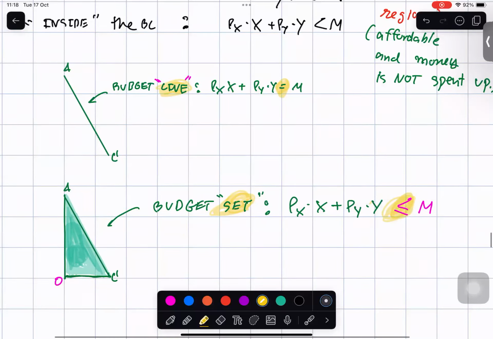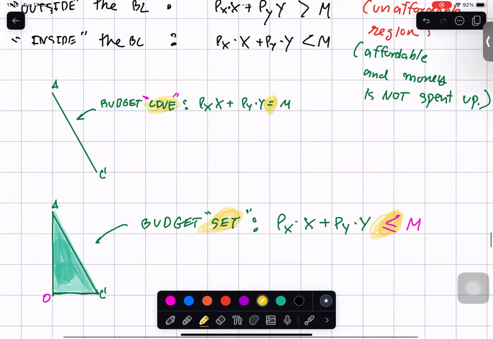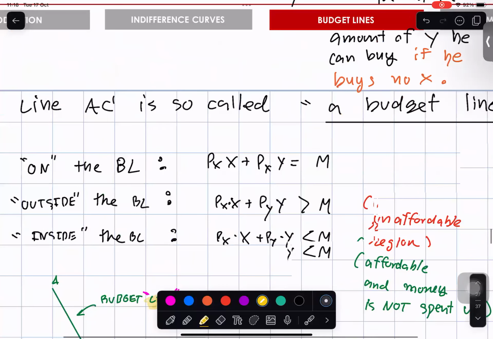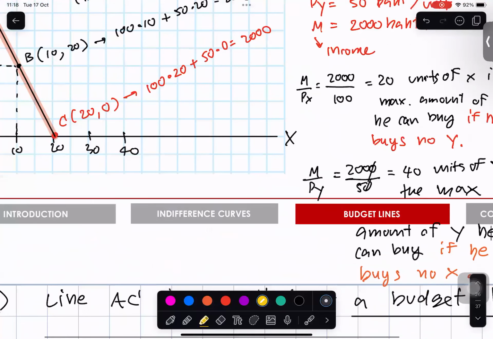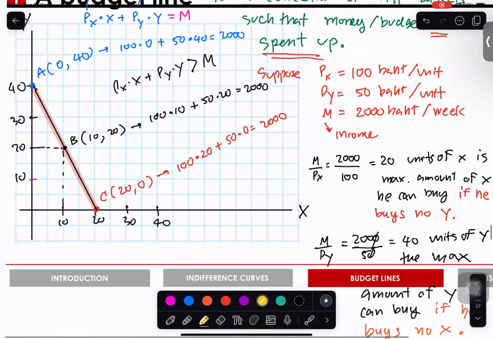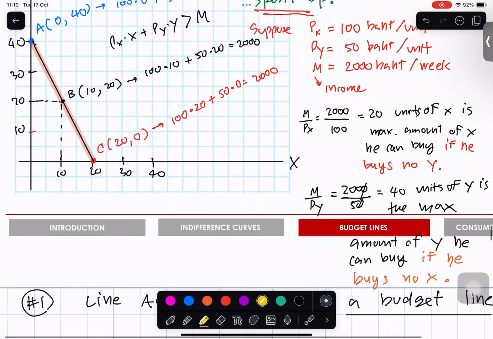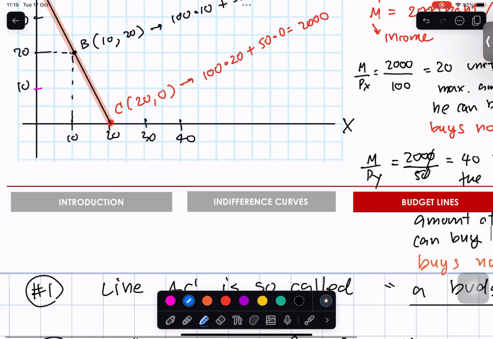Next, go back to this. I would like to remind you that when we compute this spot, basket C is about the situation where he spent all 2,000 baht on pizza only.